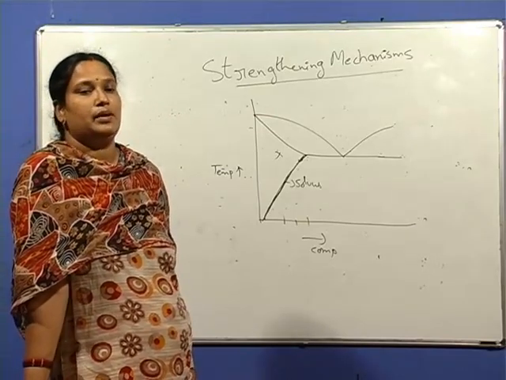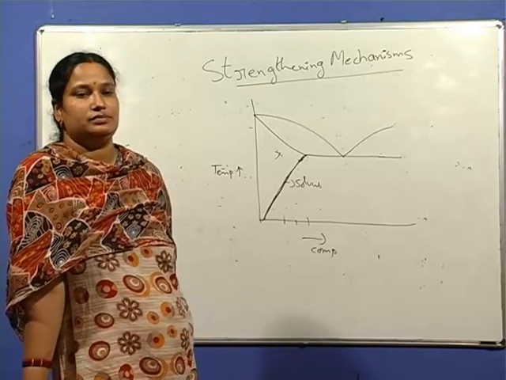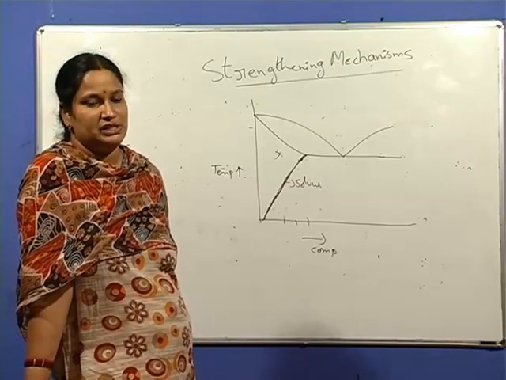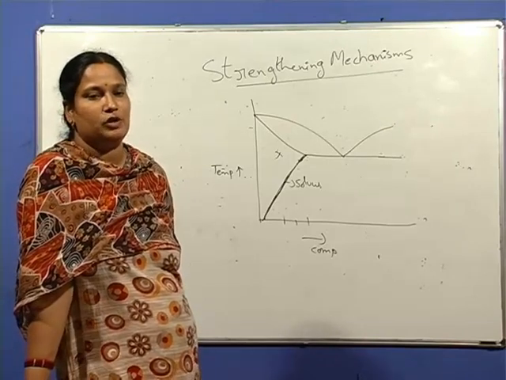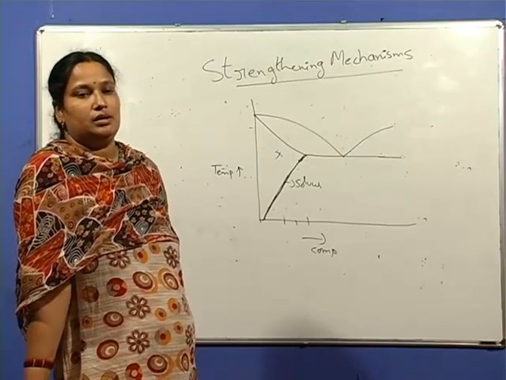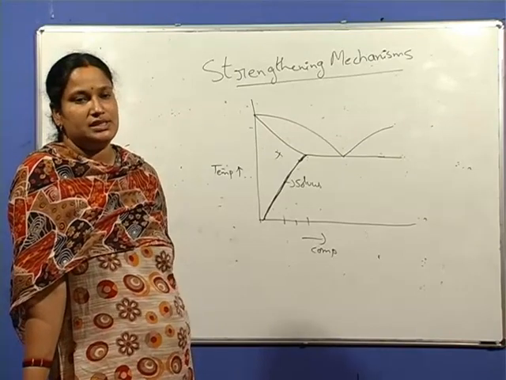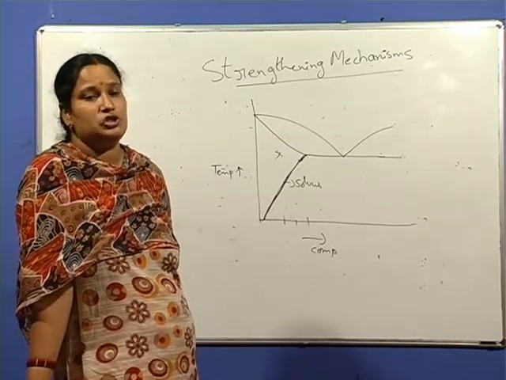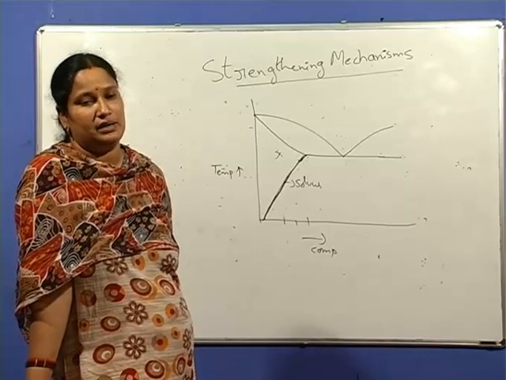So this is about precipitation hardening. Not all alloys undergo precipitation hardening because of the requirement of a sloping solvus. The solubility should decrease with decrease in temperature, and moreover the precipitate should be coherent with the matrix.